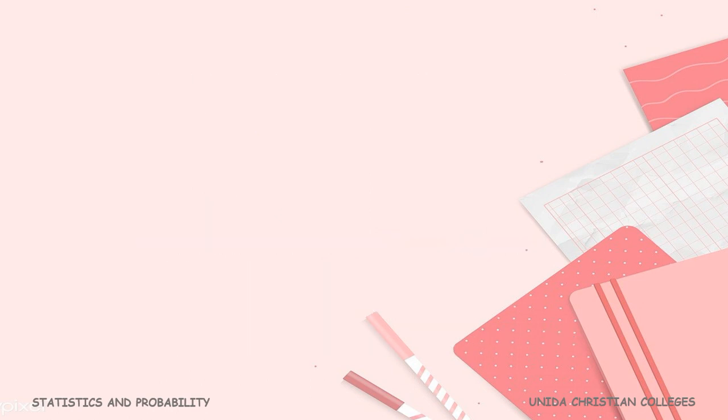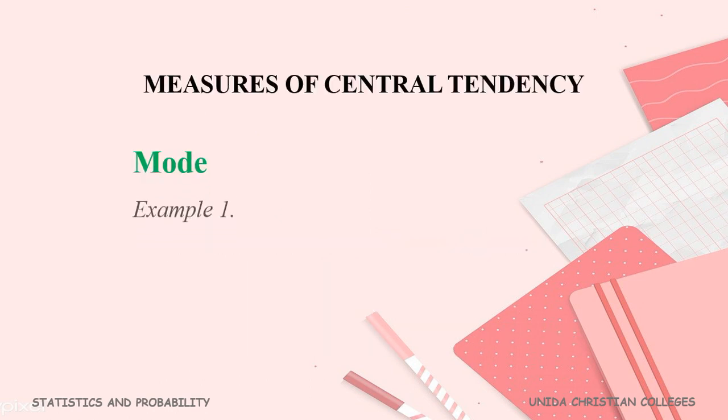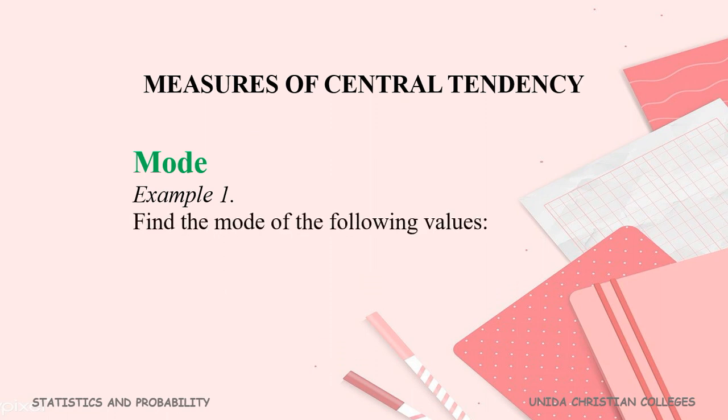Okay, so now, let's have our example number 1. In our example po, all you have to do is to find the mode and we will identify the type of the mode. So, given po natin 4, 5, 8, 8, 8, 9, 12, 12, 15, 19, and 20. Okay, so what is our mode?